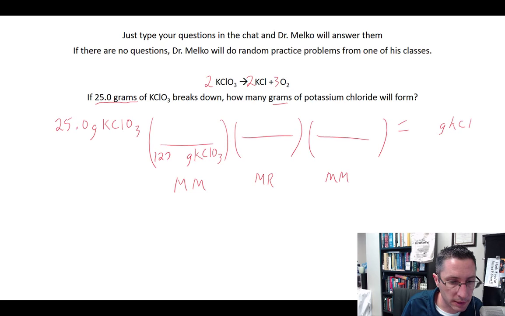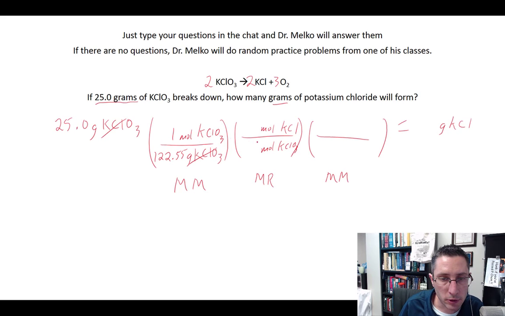So I get a molar mass of 122.55 grams. That'll take care of my unit of grams KClO3.